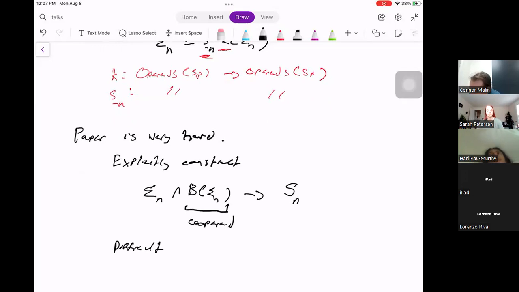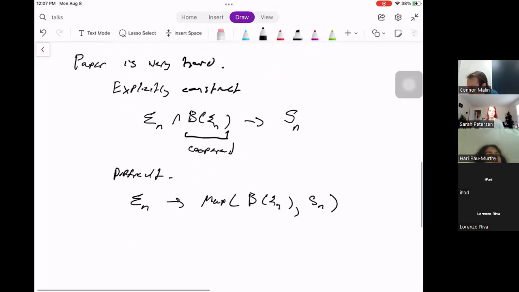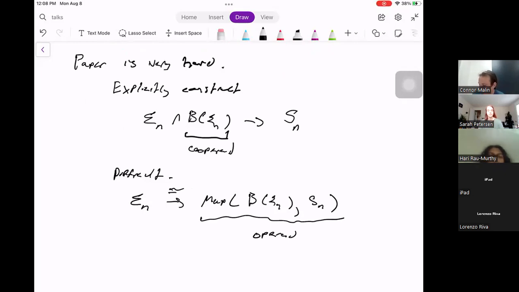Somewhat easier is showing that the adjoint, E_n to, well, this is now maps of spectra from B of E_n to S_n, can be interpreted as an operad. This is an equivalence. That's the argument in their paper, but it's done at a point-set level with explicit formulae that are rather difficult.